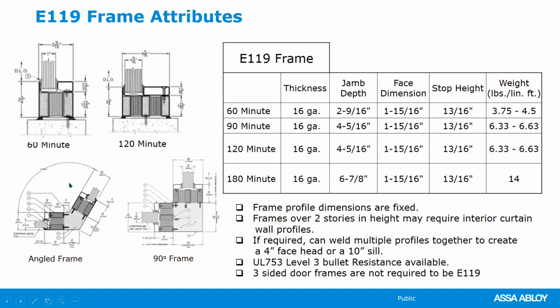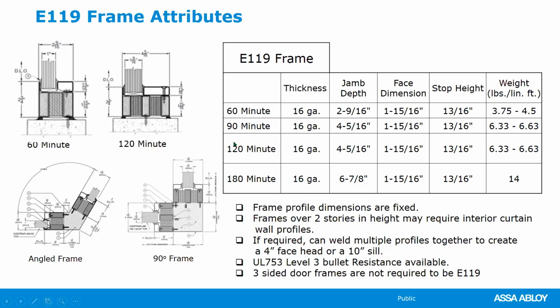You can see the angled frame and the 90-degree frame. Looking at this table to the right, you can see the gauge of all the frames is 16 gauge. If you'll notice, I don't have a variation in the jamb depth, the face dimension or the stop height, and that's because it's fixed. You cannot vary your profile for this product.